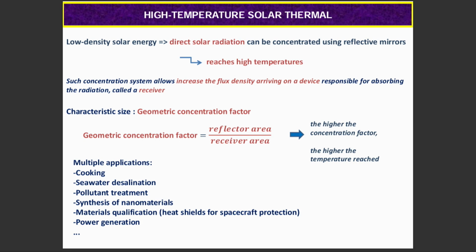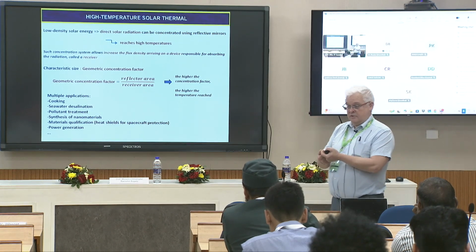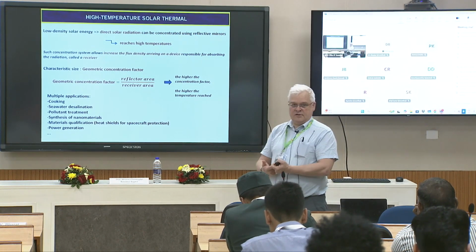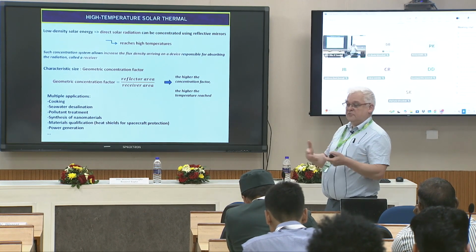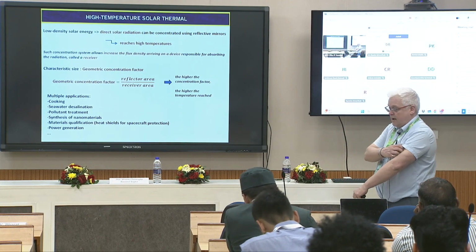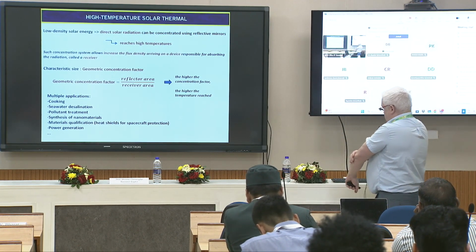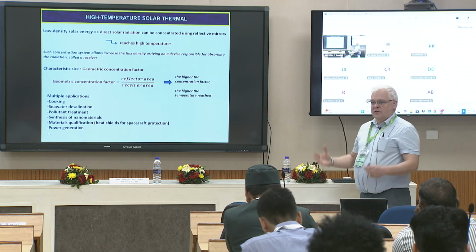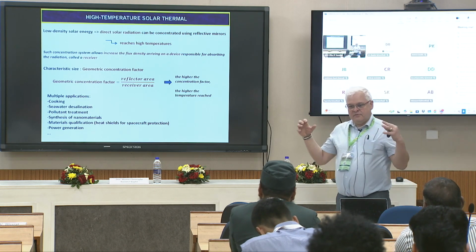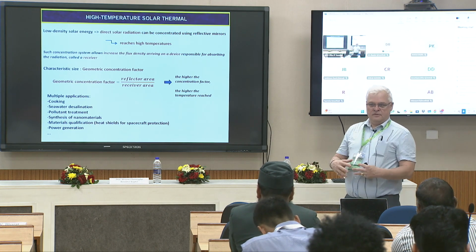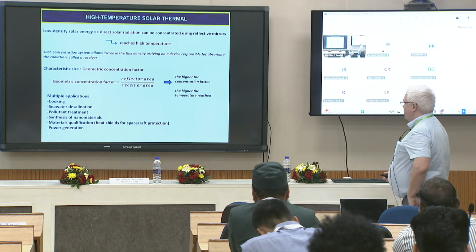So you need a big surface, but even with a big surface, you don't reach very high temperature. If you want to reach high temperature, you are obliged to concentrate, okay? That's why if you want to have high temperature, you go to concentration. You have to multiply on the same surface the equivalent of sun. Okay, it is this.